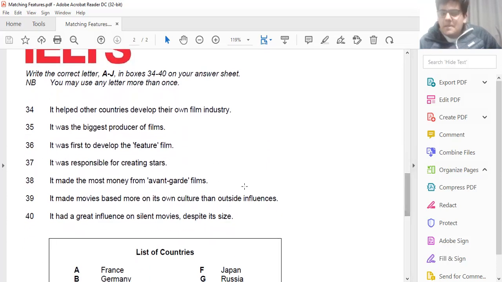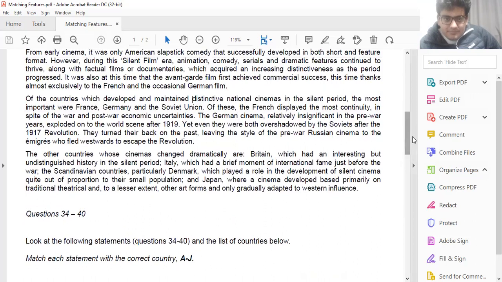It made movies based more on its own culture than outside influences. So basically, there's a country that I'm trying to look for over here that made movies prioritizing its own culture over the cultures of the external countries. Let's look for the keywords, traditional, theatrical.